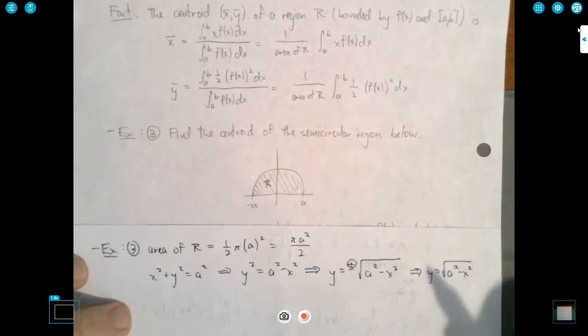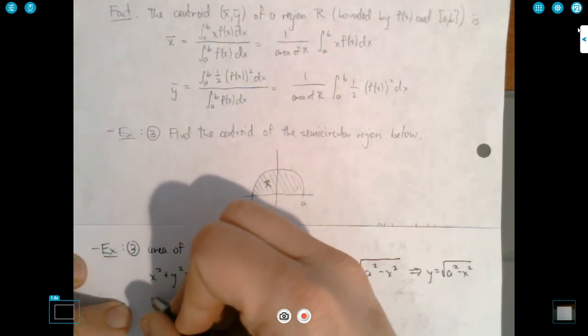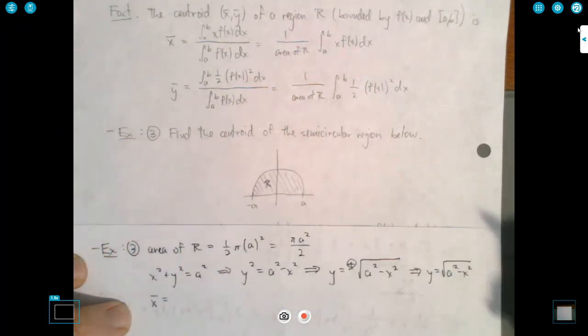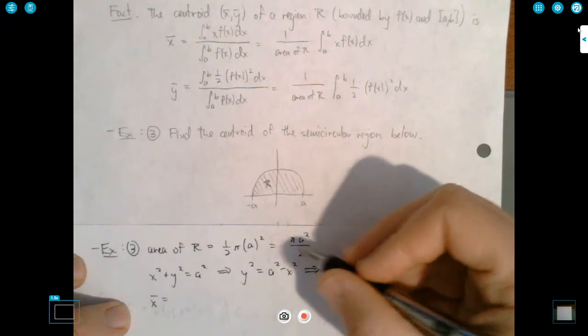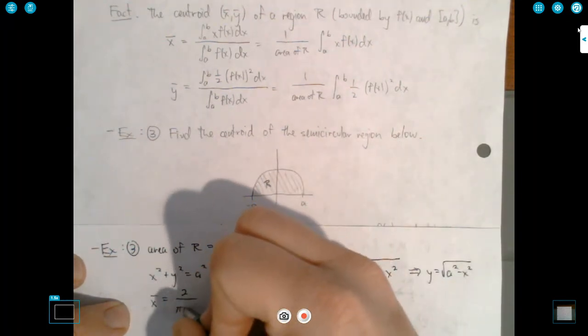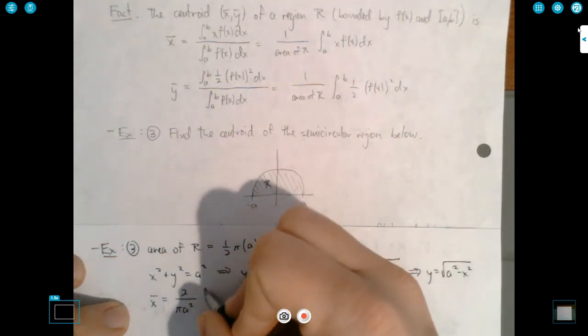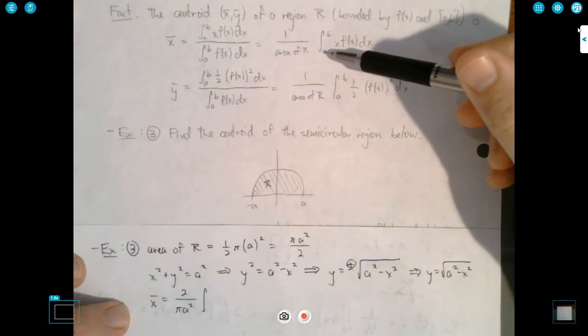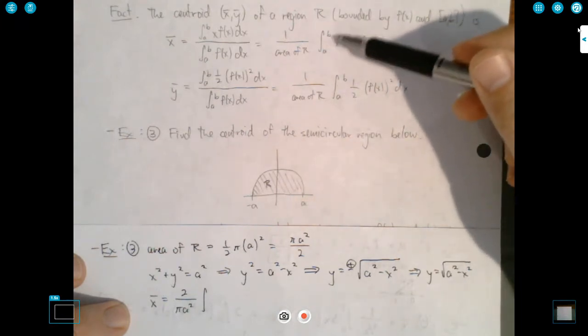And so I think we're ready to calculate x bar and y bar now. So x bar is 1 over the area of R. That's 1 over pi a squared over 2, which would just be 2 over pi a squared, times the integral from, this is going to be kind of confusing now because of a, b, and a, but here I meant just the limits of integration.